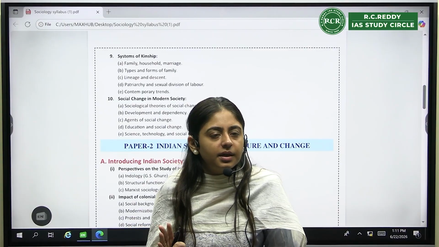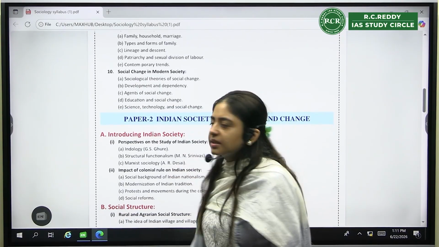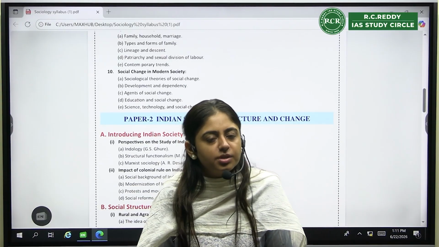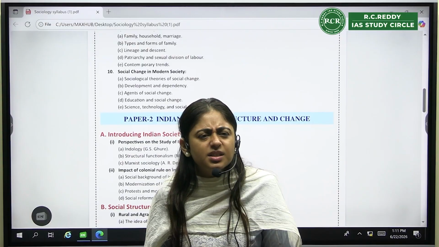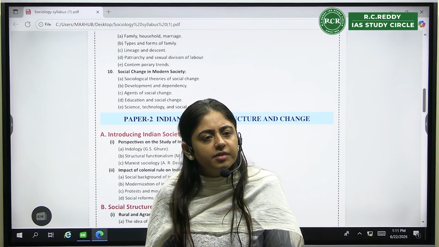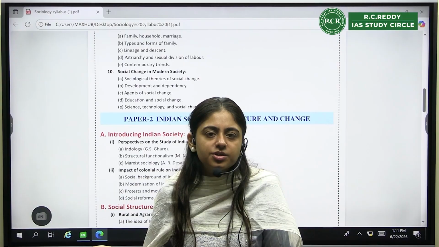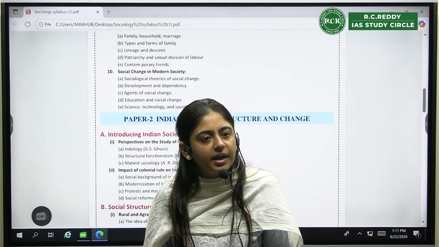Easiest thing. And the thinkers in paper 2, they are just three thinkers and they don't come as application in the paper. They just come as simple questions and they're very easy to understand, right? One will be a thinker who has the same approach as Durkheim, structural functionalism. So his ideas will be the same only. You don't have to do something extra.